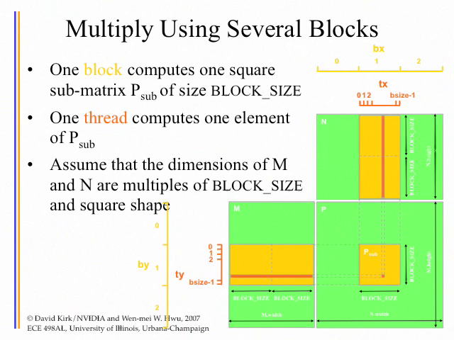So each thread will be loading one element of M and one element of N. So we only need to have 256 threads, each one loading one of the 256 M elements and one of the 256 N elements.